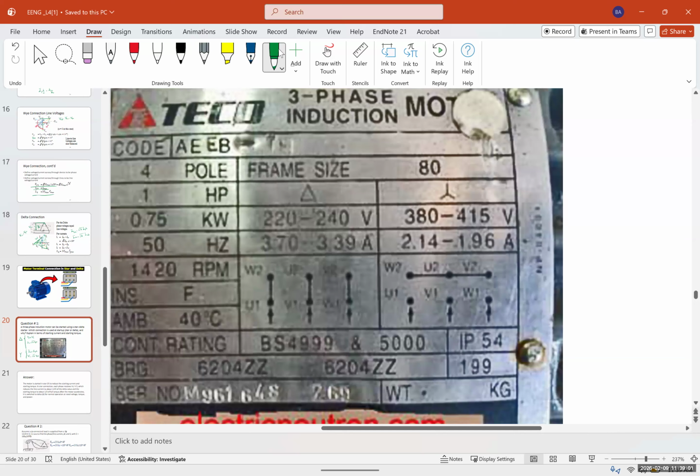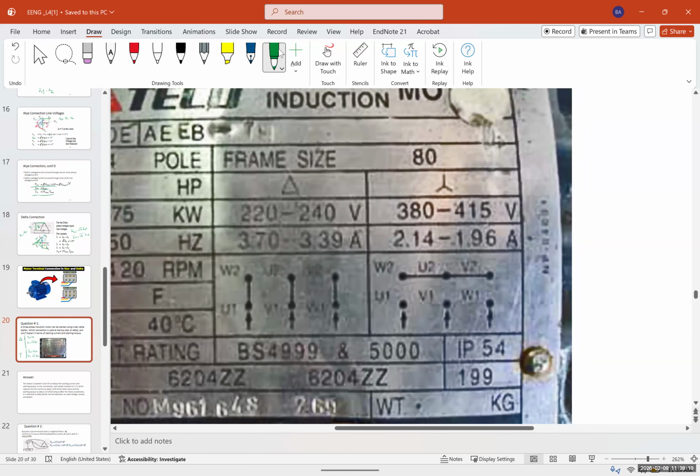The three-phase motors that are capable of running both in star and delta have 6 terminals instead of 3. And the way that we connect them, we connect U1 to W2 and so on. And for a star connection, we connect U2 to W2 to V2, and the 3 others will be connected to the phase.